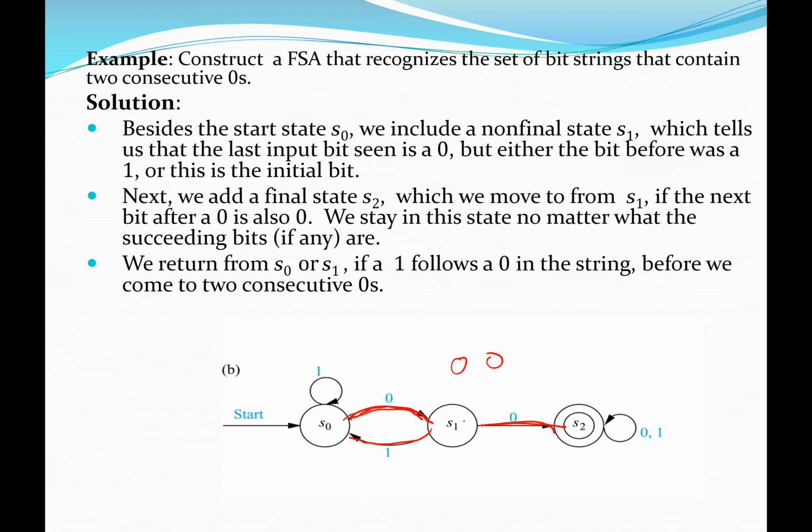So you have to get 2 consecutive 0s in order to go to the final state, versus the previous one, which is beginning with 2 zeros. So we know it is beginning with 2 zeros, so we have no option, we only take the 0. But this one here, you can take 0, 1, and then 0, 0. So that's just your journey, because as long as we have 2 consecutive 0s, then you should be good to go. All right.